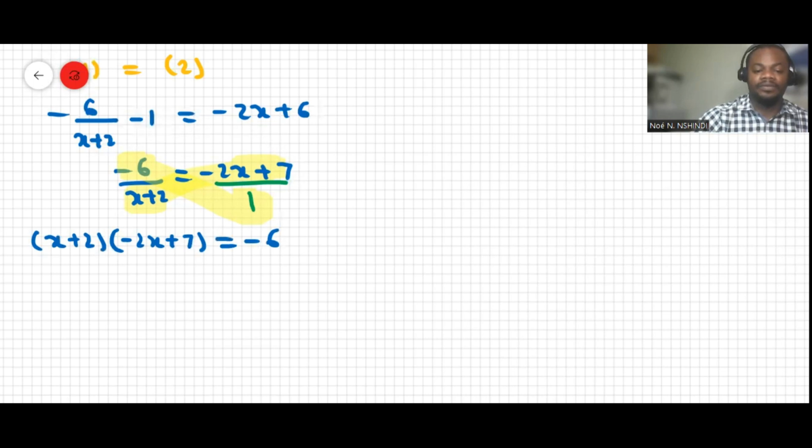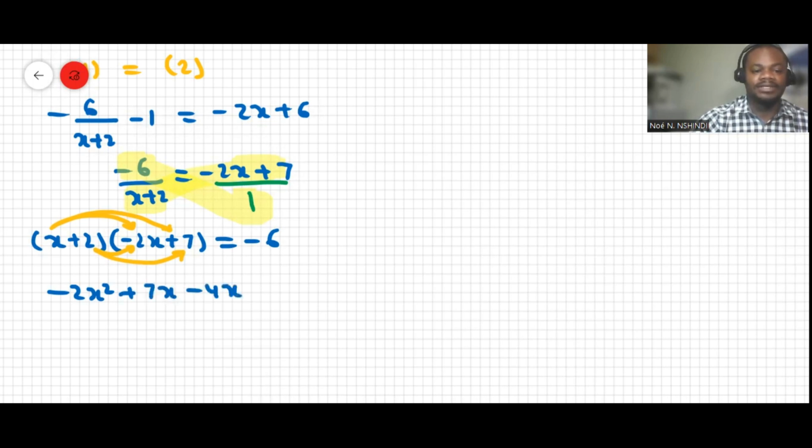And then we expand, as we usually do. And then this would be -2x squared plus 7x minus 4x plus 14 equal to -6.